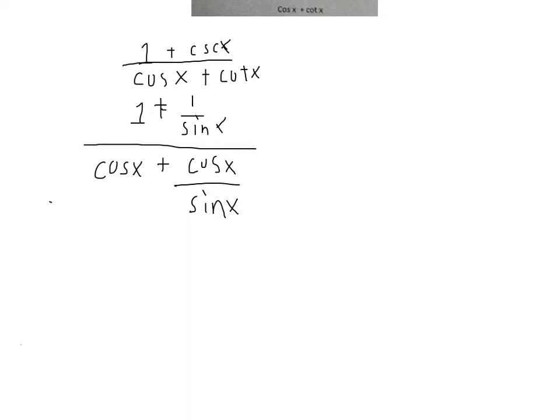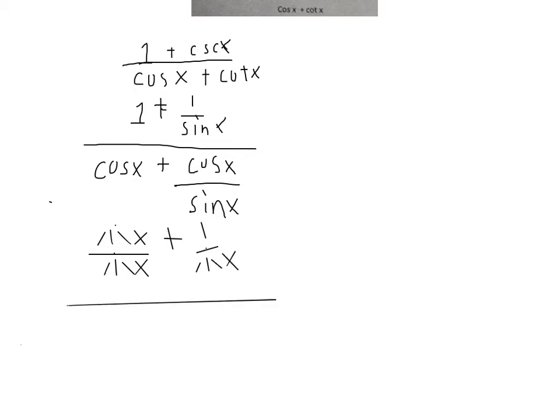Next, in the numerator, we're going to multiply sine of x over sine of x to the 1 and add that to the 1 over sine of x.